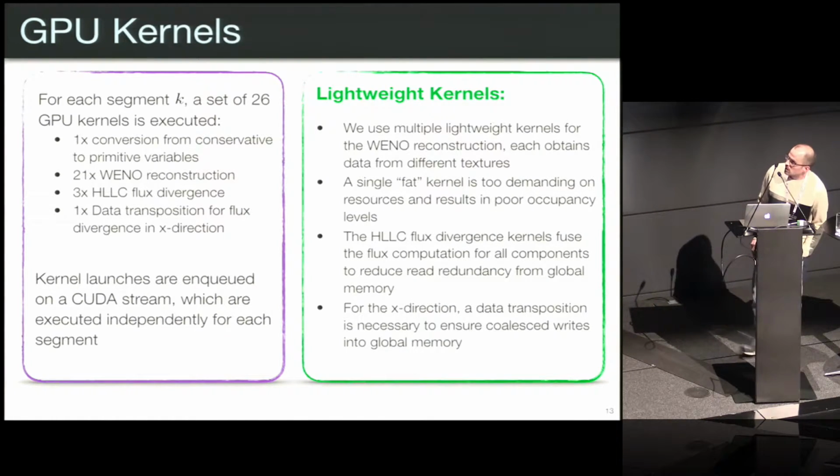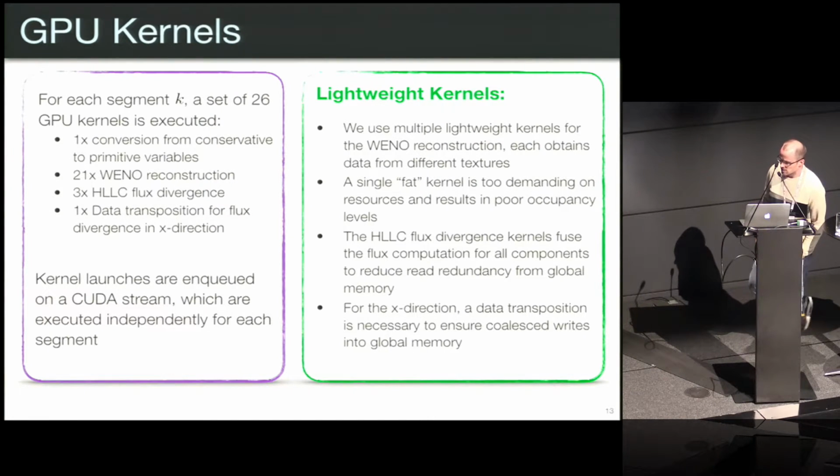So our focus is on lightweight GPU kernels, mainly because we need to reduce the consumption of hardware resources on the GPU in order to exploit enough parallelism in our scheme. We have tried a single fat kernel, which does all of the 26 kernel calls at once, but this results in a massive 255 registers per thread, and it just results in very poor occupancy on the GPU.